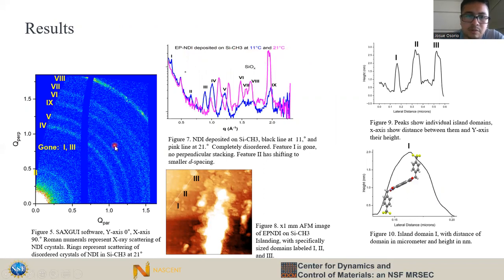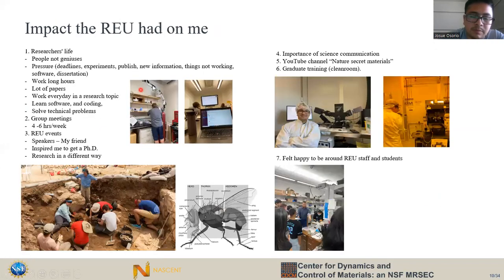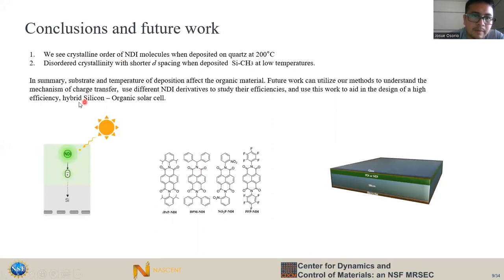So at low temperatures, we're going to see a lot of disorder. In summary, something we still don't know is that the substrate, the type of surface that we place NDI on top of, will matter, such as whether we have glass or silicon, and also the temperature.